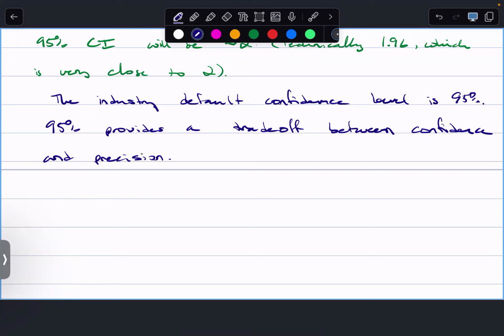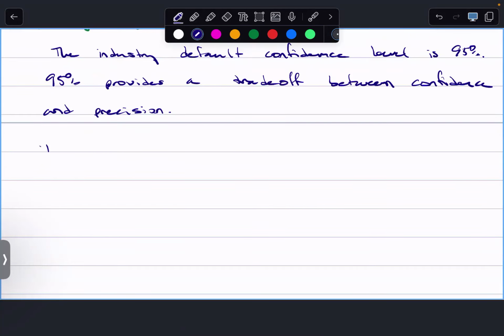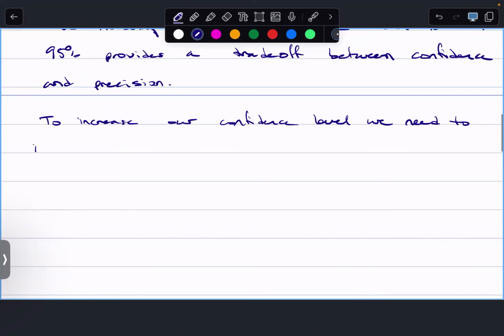To increase our confidence level, we need to increase our bounds, sacrificing precision.